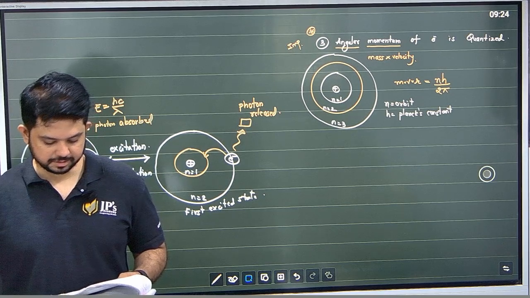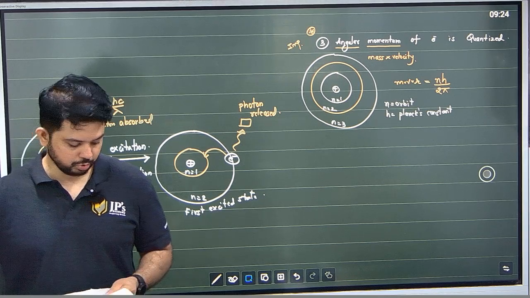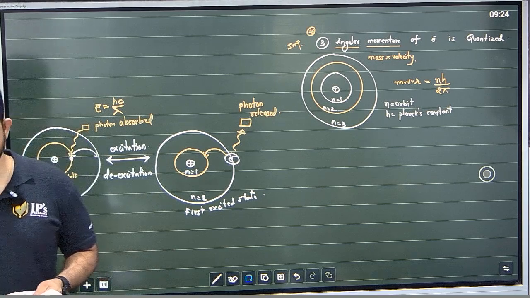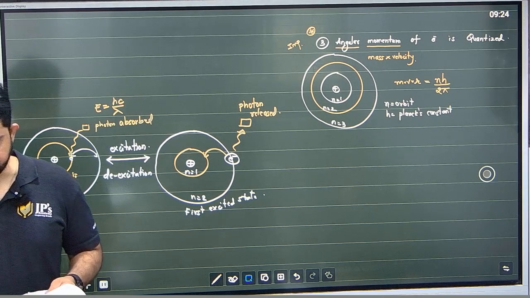That is, it does not lose or gain energy.